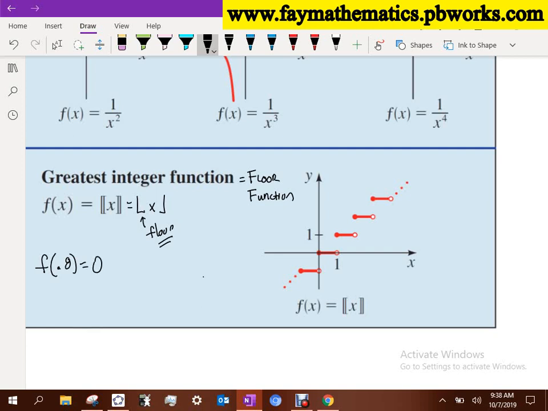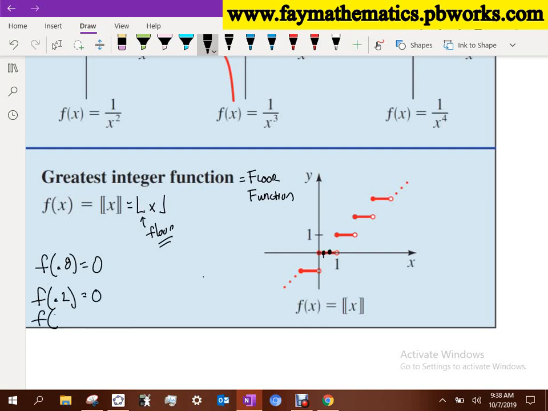It'd be 0, wouldn't it? Okay. You see over here, at 0.8, we've got 0 as a y value. If I try f of 0.2, round down to the last integer, still 0, isn't it? So at 0.2, I get 0.